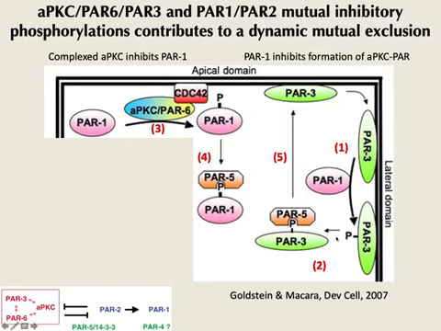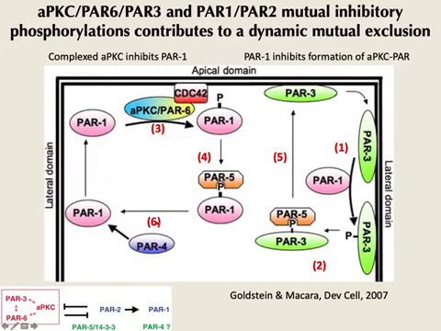And eventually to finish, once this goes back to the anterior side, it can return to the cortex, and if it goes this way, it's stabilized by its interaction with the aPKC-PAR6 and CDC42. And same thing for PAR1. So that helps explain the maintenance mostly. If you assume that the cell already has PAR1 on one side and the PAR complex on the other, this mechanism explains the maintenance of that partitioning.